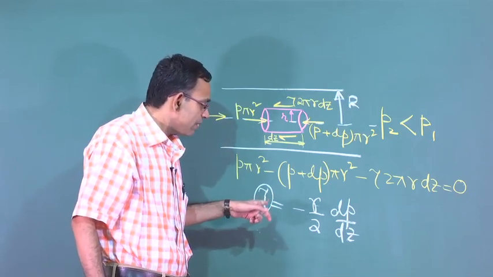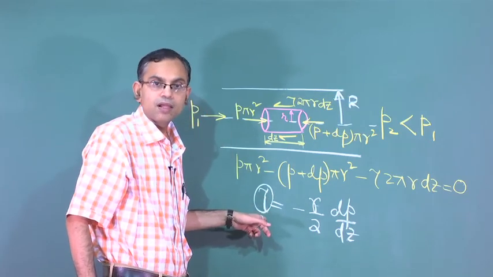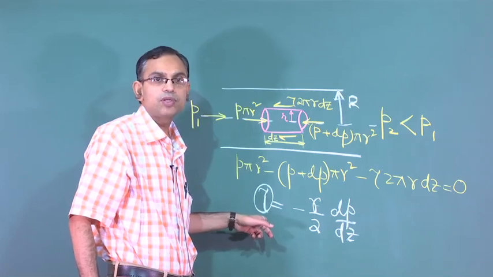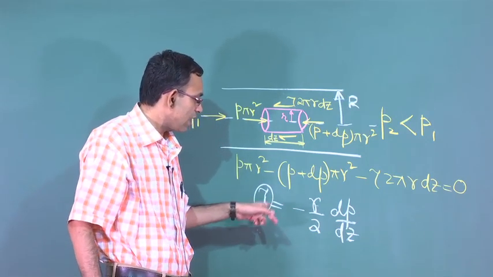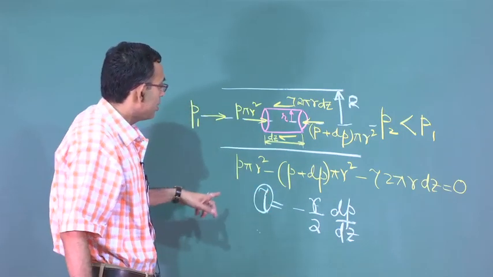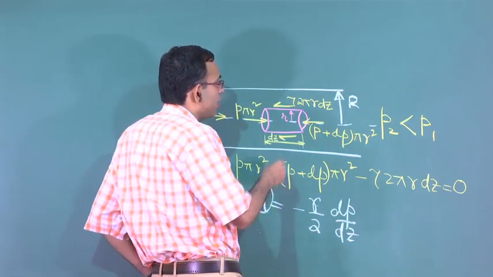A Newtonian fluid is a fluid which will obey Newton's law of viscosity, then this tau will be minus mu du dr.